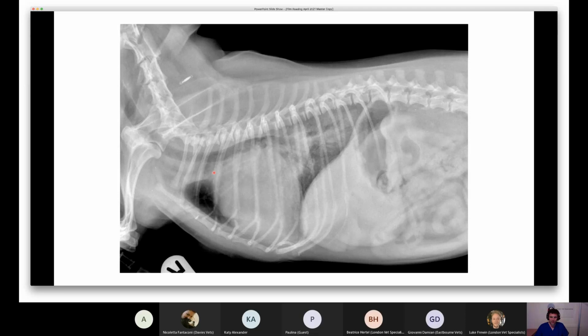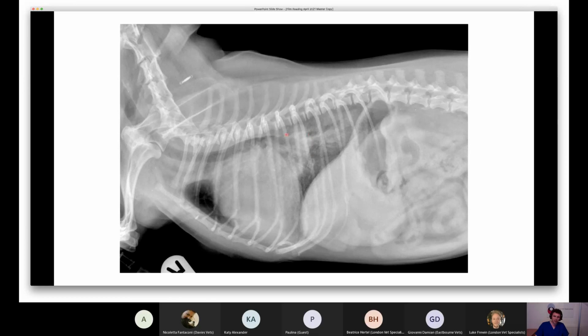Some of the features of this cardiac silhouette that we didn't mention might allow us to be a little bit more specific in describing which chambers are enlarged and more predominantly affected by this cardiomegaly. As well as having a really big cardiac silhouette and dorsal displacement of the trachea and the mainstem bronchi, we've also got some steepening of the caudal border of the cardiac silhouette here.